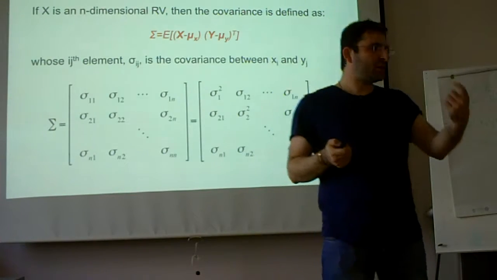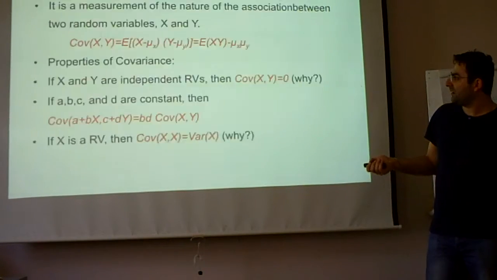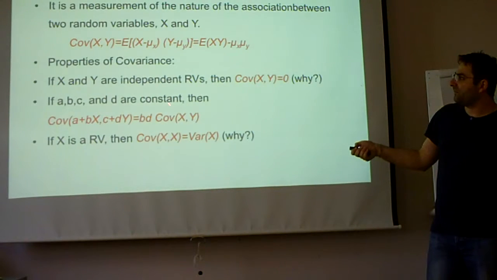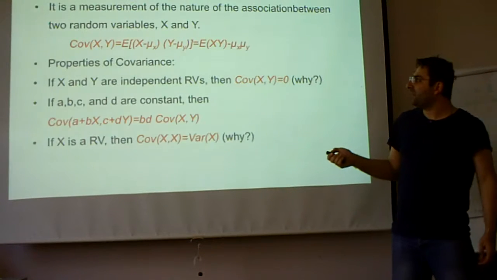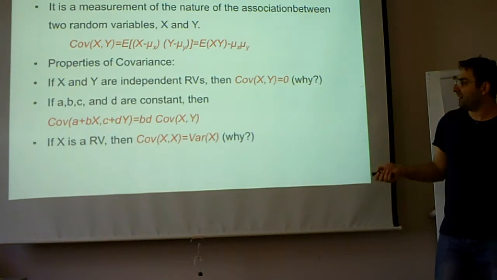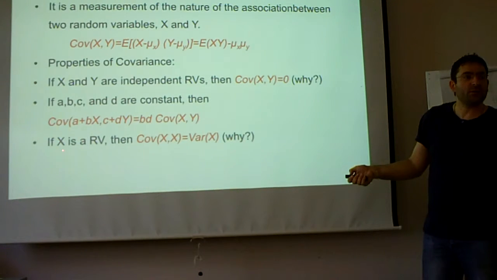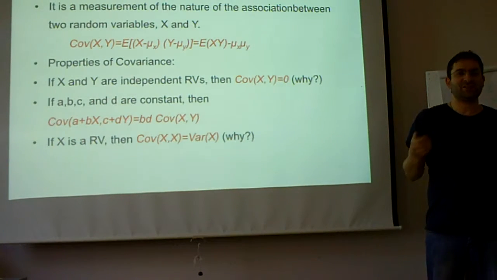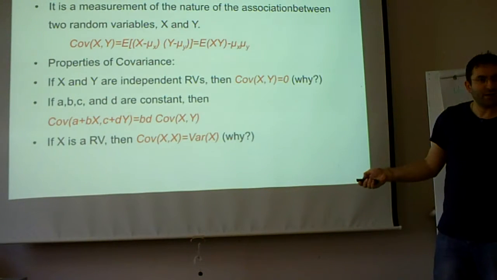If i and j are not equal to each other, it is 0, because we had it here. If they are independent, it is 0. And if both of them are the same, in other words, xi and xj with i equal to j, what is the covariance? It is variance.